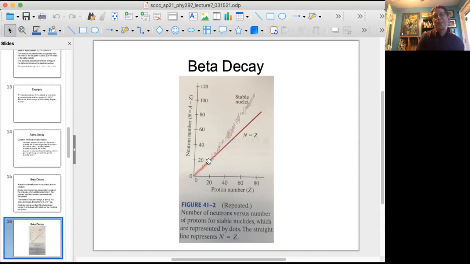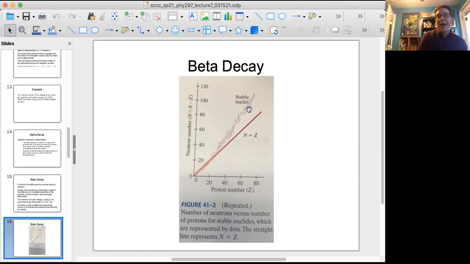But as Z increases, the ratio of neutrons to protons in a stable nucleus increases above 1 as well.